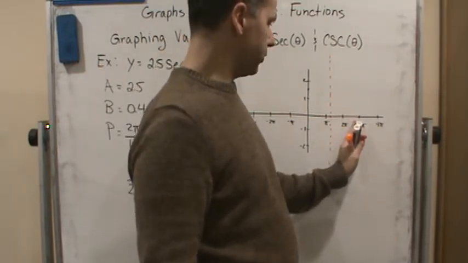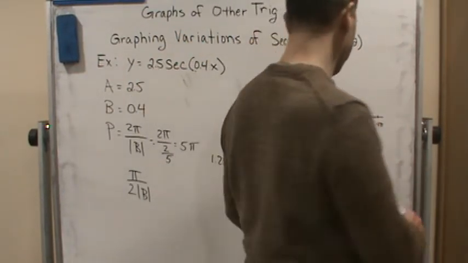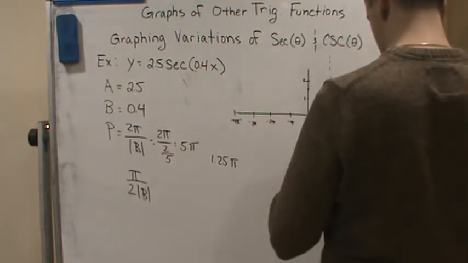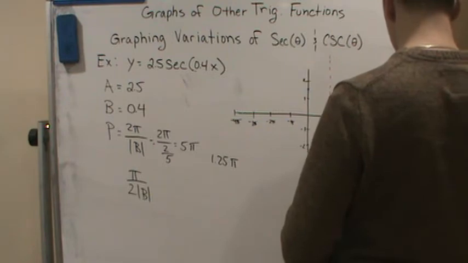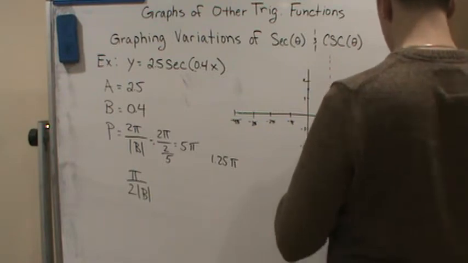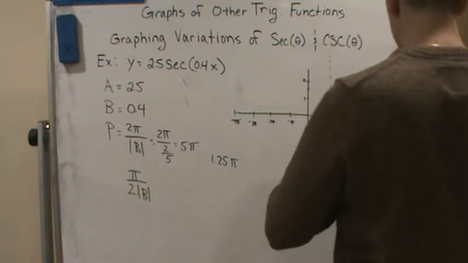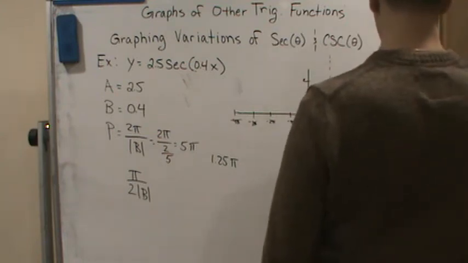And then another 1.25 would put us at 3 3/4, right about here. And we're going to draw the second one here.